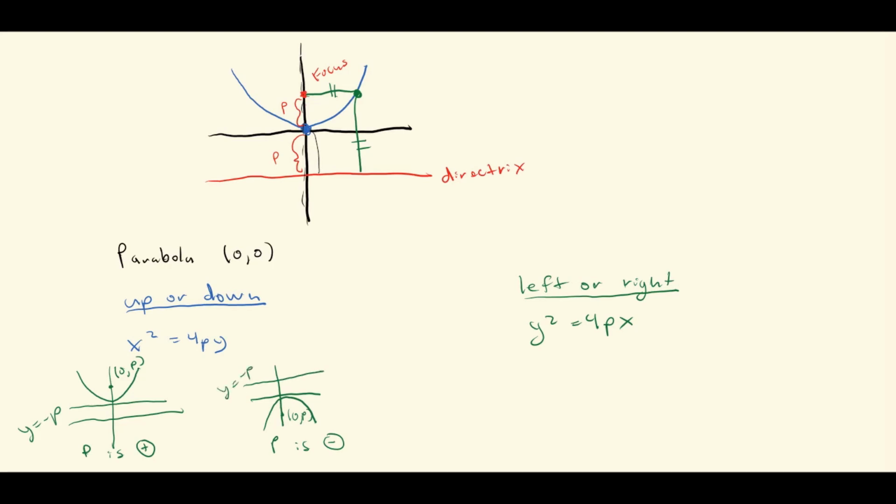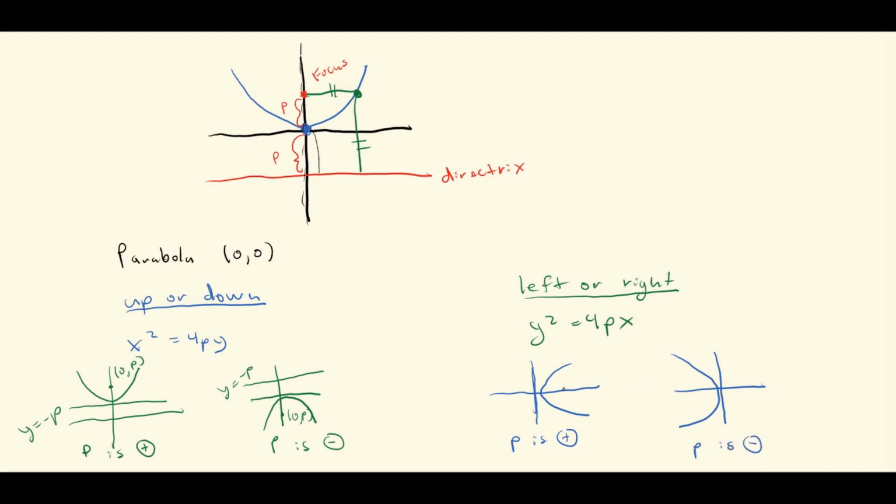And then if we look at the other side, the left or right parabola, then we're going to have a parabola that opens to the right if p is positive. And then we're going to have a parabola that opens to the left if p is negative.